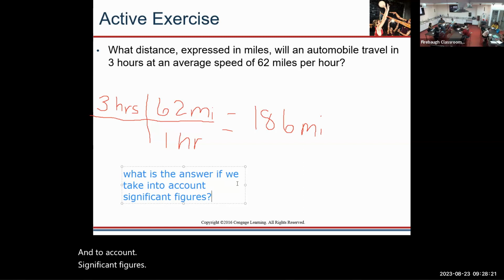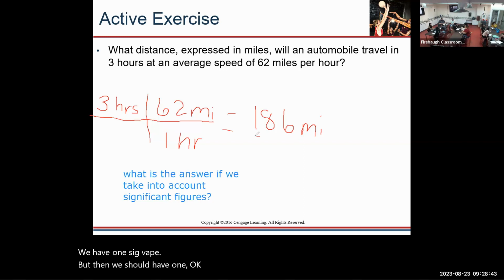So what would be the answer then? Okay, how many sig figs do we have? We have one sig fig for the final one. We should have one.